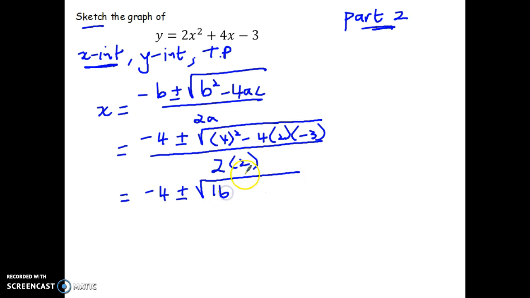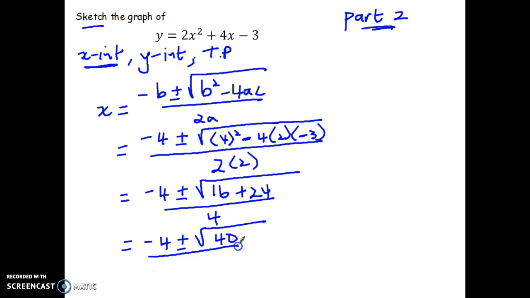4 squared is 16, 4 times 2 is 8, 8 times 3 is 24. I've got a minus times another minus, so I have a plus 24 on 2 times 2, which is 4. Minus 4 plus or minus the square root of 40 over 4. Don't be tempted to just cancel this 4 out with that 4 though, because you need to also take into account this term over here.